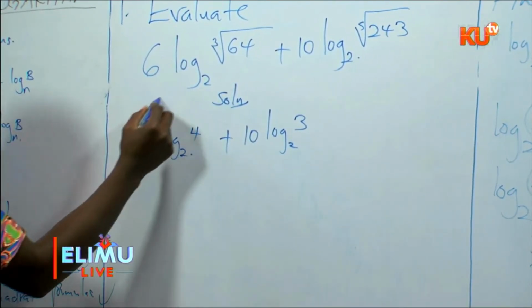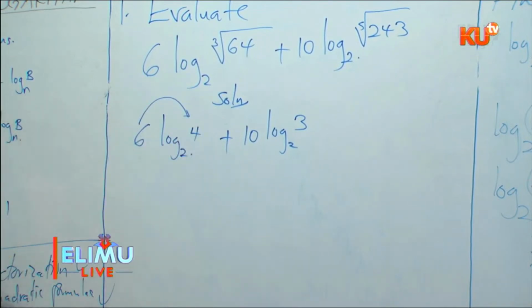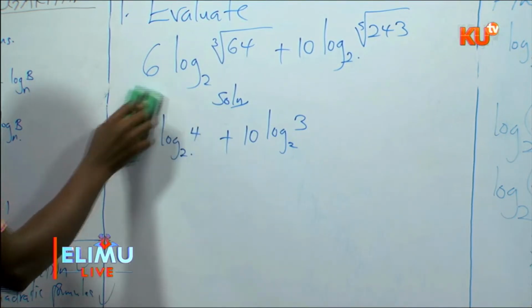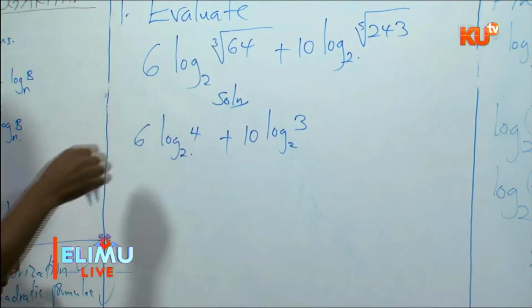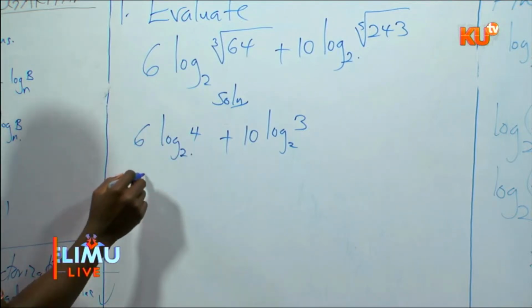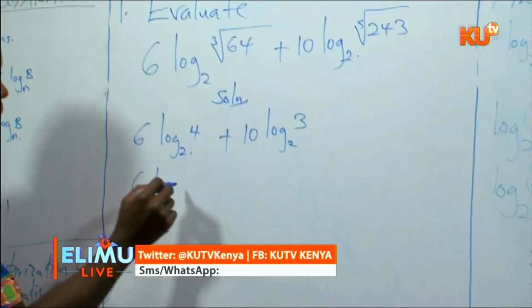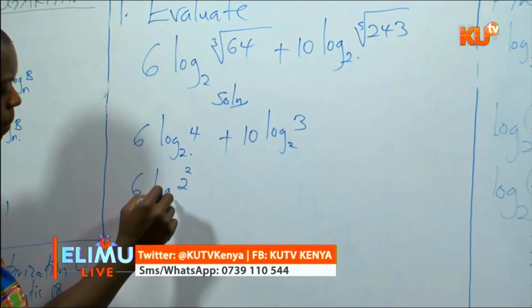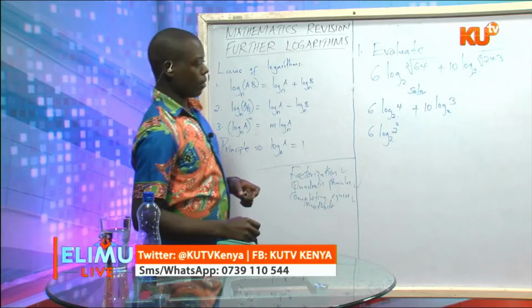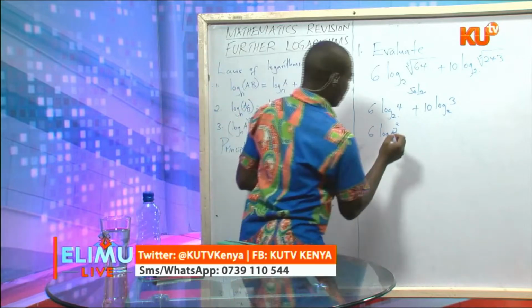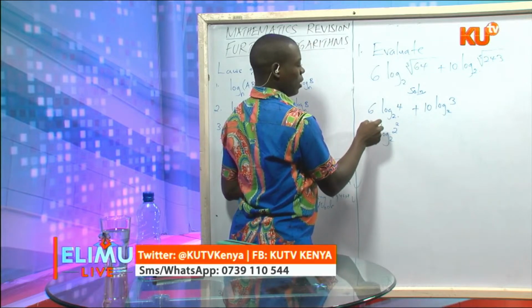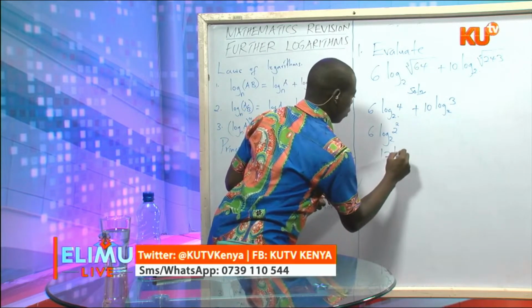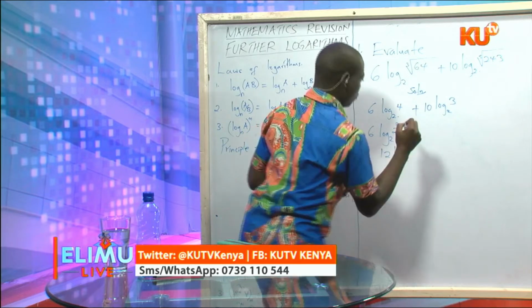I'll take this to the other side, so we shall have plus. Because we are simplifying, let's do it the simplest way. At this point, 4 is 2 power 2. So I'll have 6 log 2 power 2 base 2. If I have this, then this 2 again will become 12 on this side. So we'll have 12 log 2 base 2.